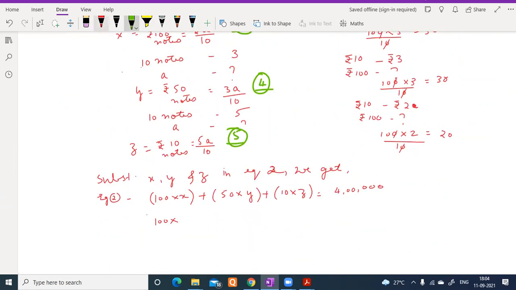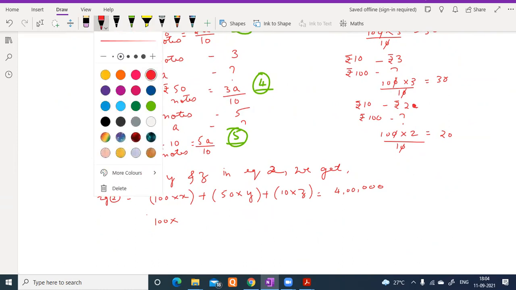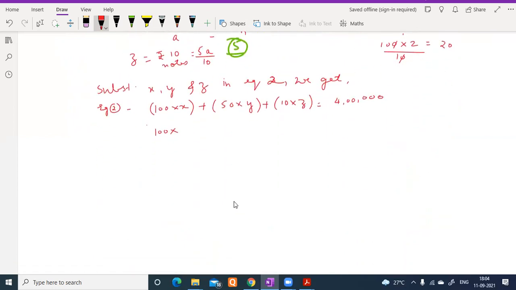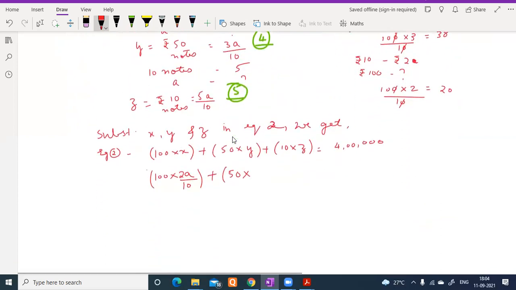So what is x? X is 2A by 10. Plus 50 into, what is y? Y is 3A by 10. Plus 10 into z, 5A by 10, is equal to 4 lakh.